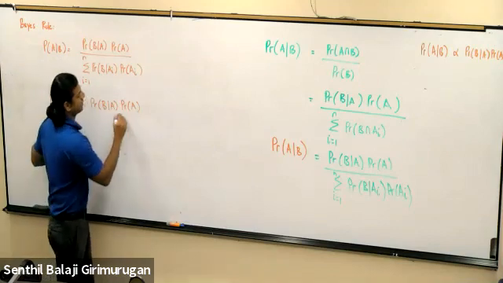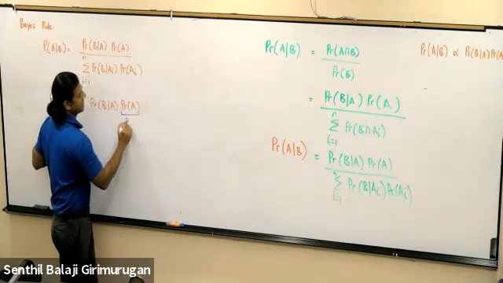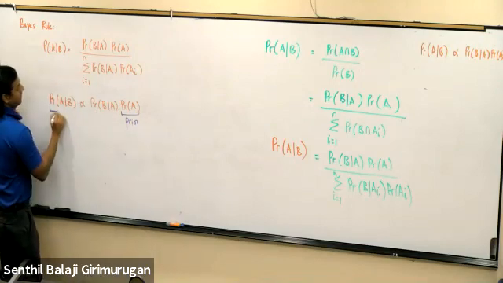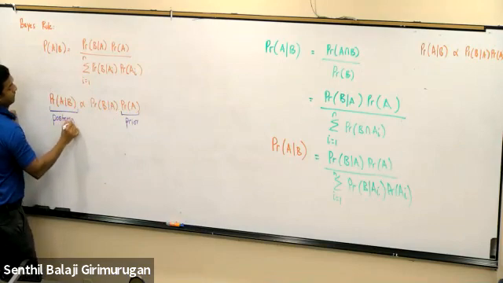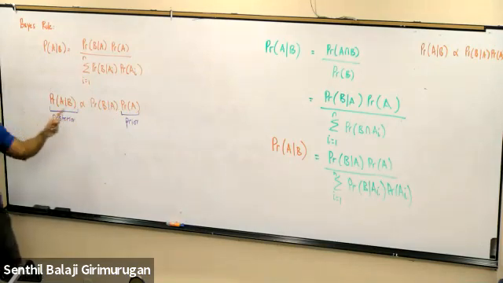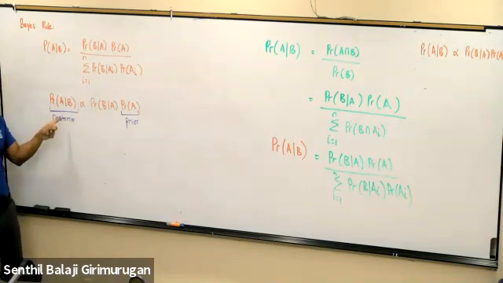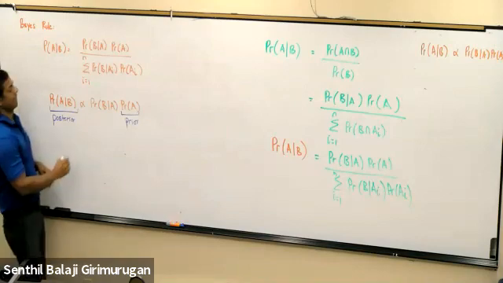In terms of Bayesian statistics, that is called the prior for A. This is the posterior for A. Prior probability by itself, if you bring in the evidence, becomes the posterior probability.